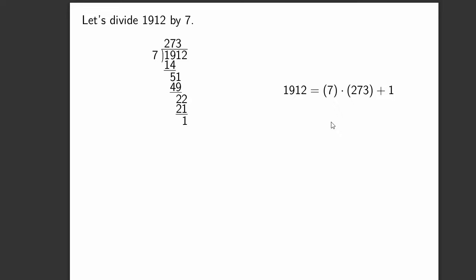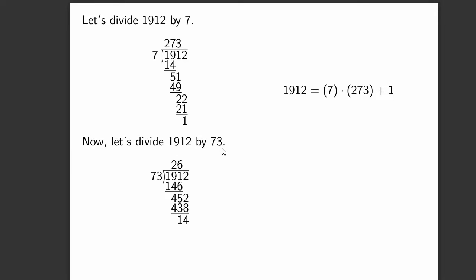Okay, now let's go over to a little more complex example. Divide the same number 1912 by 73. Now here we do not know the table of 73, and therefore we have to do some sort of trickery over here.